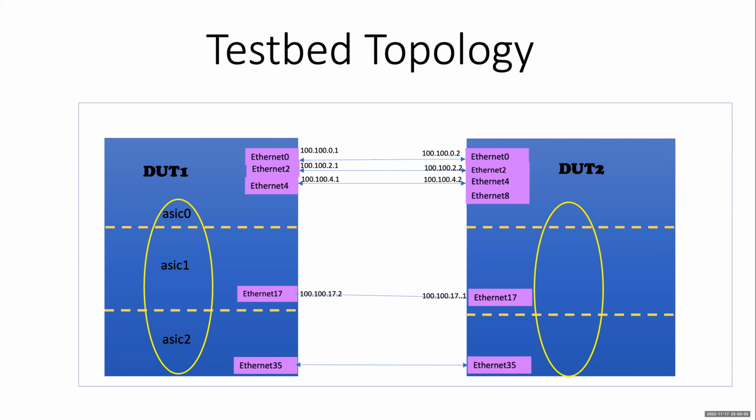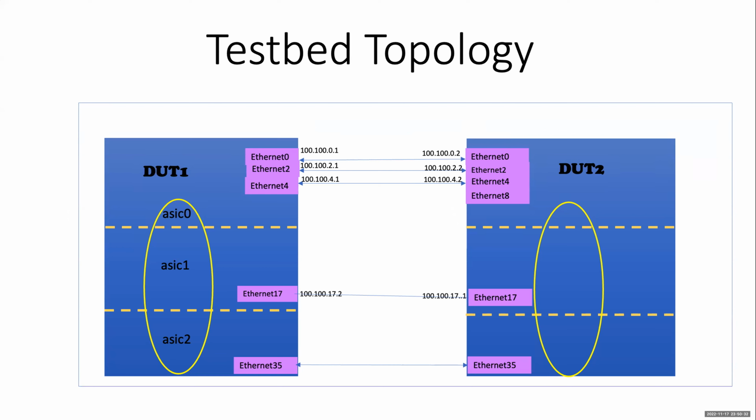As Long described before, with the original CLI, it's hard for test automation to find out the optics type from the output. With the new implementation, it becomes very simple. This is the test topology for my automation.